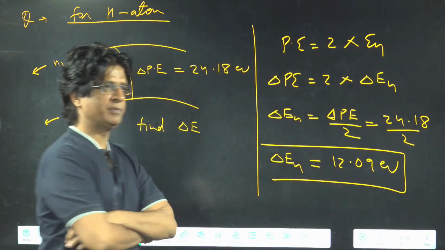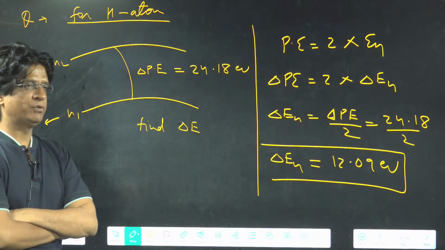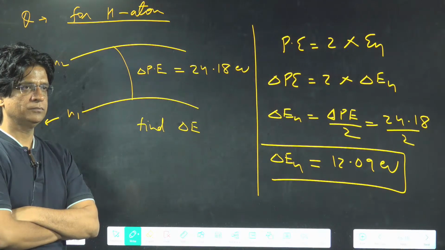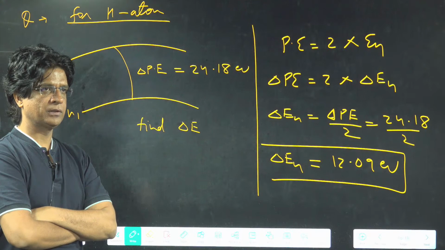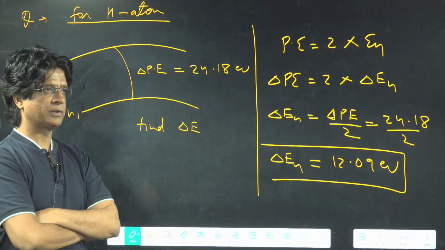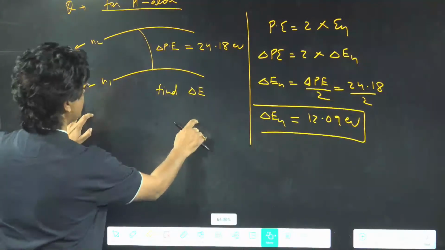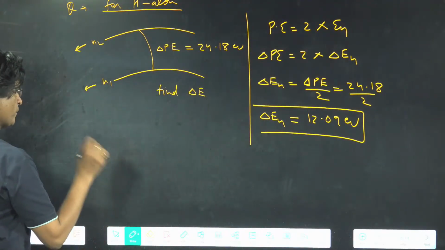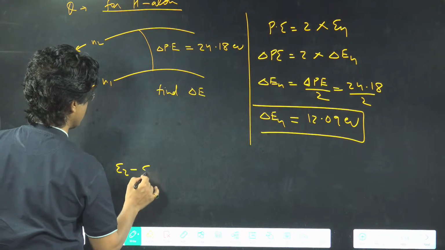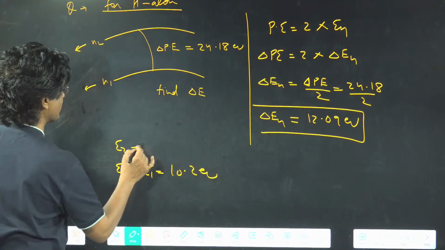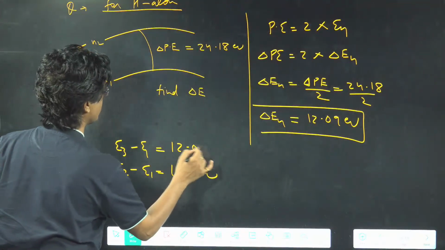Please be careful. I have told you certain things, but please be careful. Remember, this is very, very important, that you are not doing any blunder here. That E2 minus E1 I gave you was 10.2 electron volt. E3 minus E1 I gave you was 12.09 electron volt.